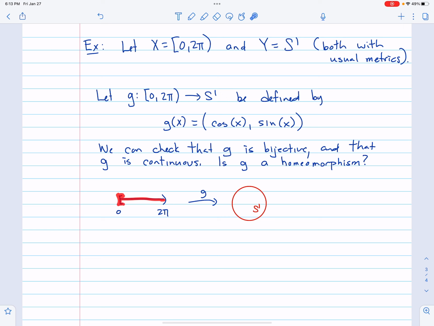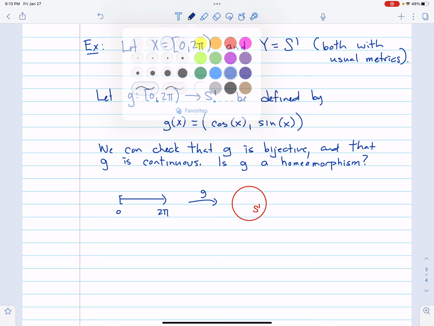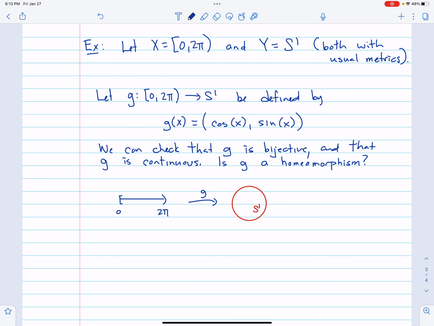When you plug in 0 into cosine and sine, you get 1 comma 0. So we start at the point 1 comma 0, and as x increases, we're essentially taking this interval and wrapping it around here. But at this endpoint here, we have an open endpoint.